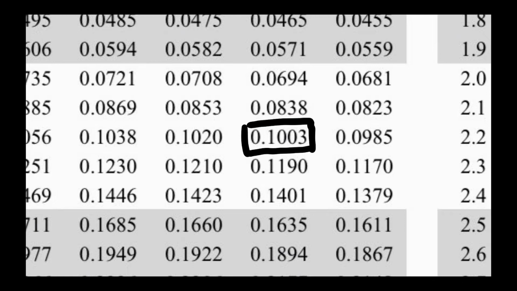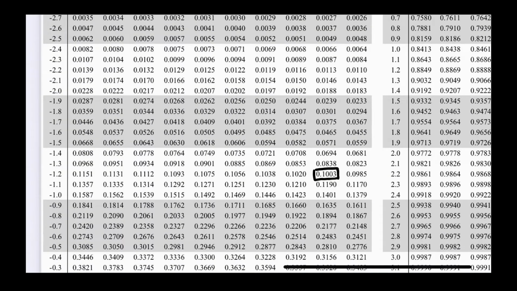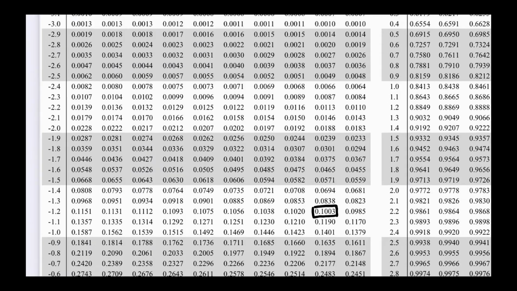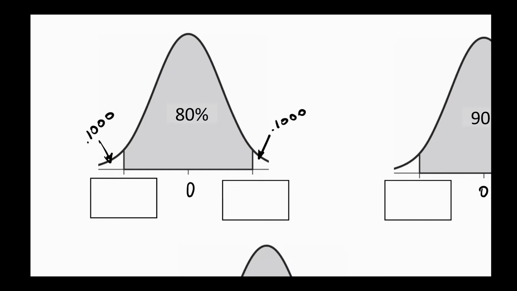So if I venture back, that's negative 1.28. Which box is that going to be, the left or the right? The left side. So how in the world do I get the right side? Well, if it's symmetrical, it's going to be the same distance from 0, right? Done.